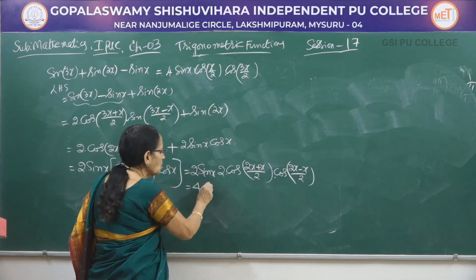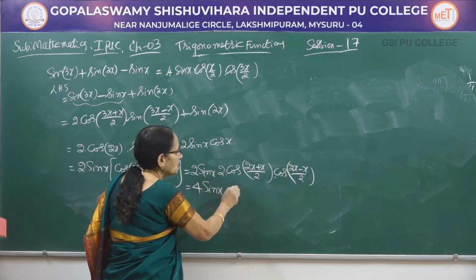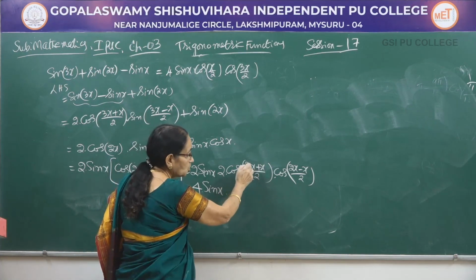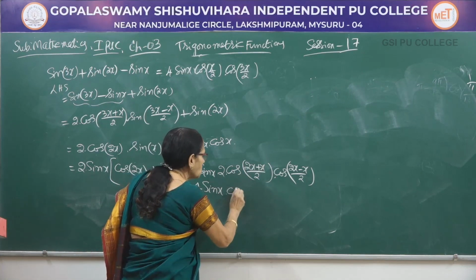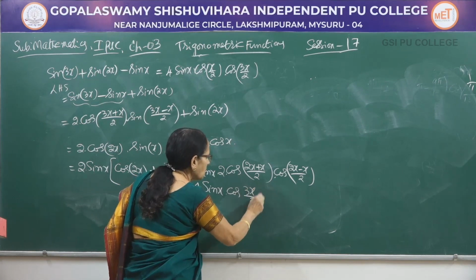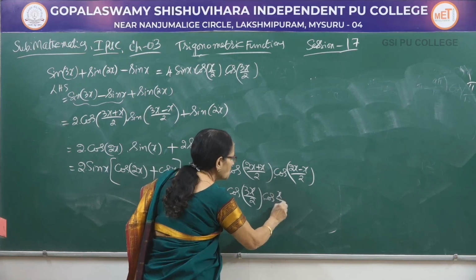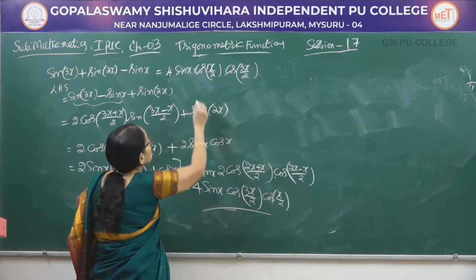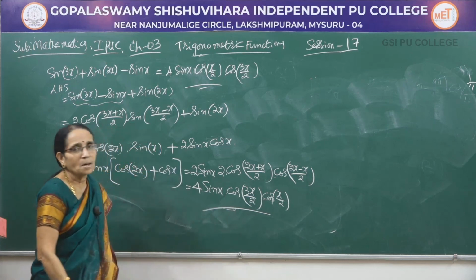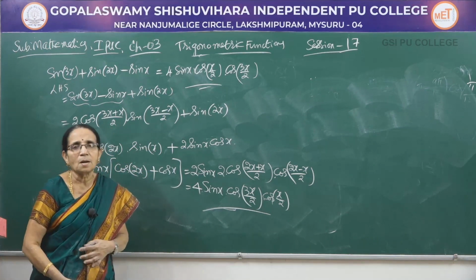So 2 into 2, 4 sin x, and 2 plus 1, 3 divided by 2, that is 3x by 2. 2 minus 1 is 1, it is x by 2. See, that was what we needed on the right hand side. So hence we get the right hand side.